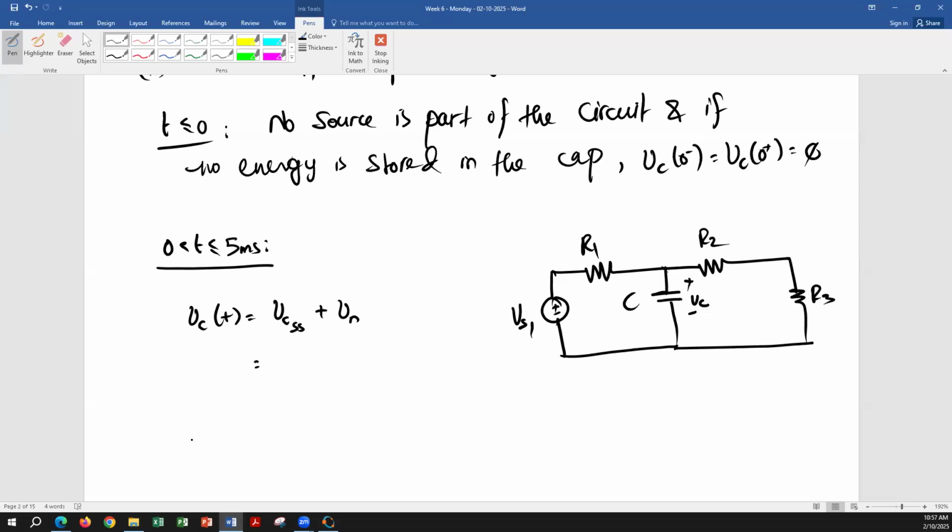Yes, Chris. Say it again. We are looking for the capacitor voltage when it is running for a very long time. You're saying R2 and R3 will be parallel?